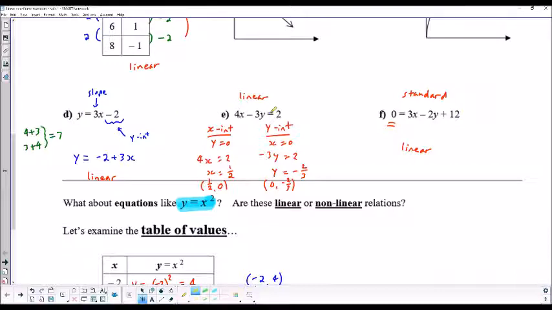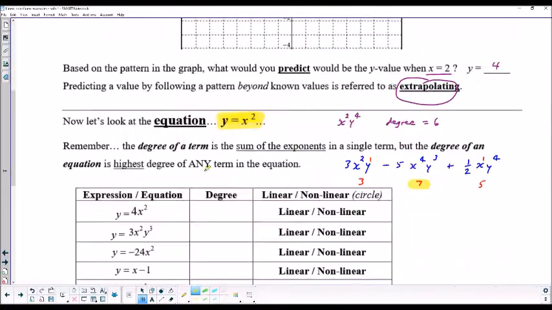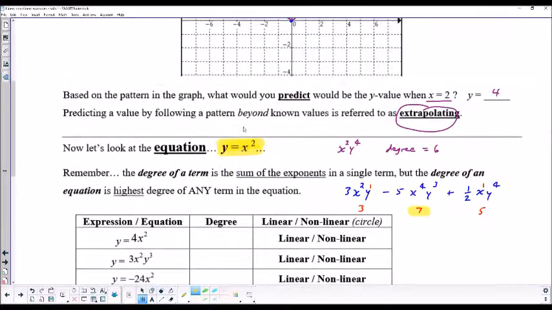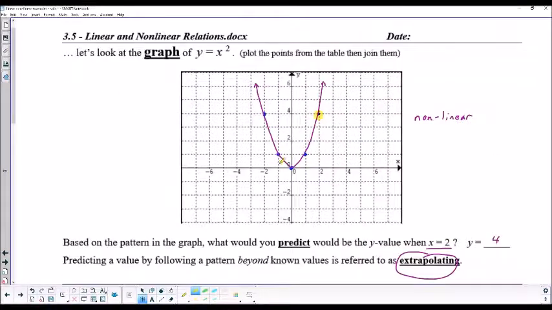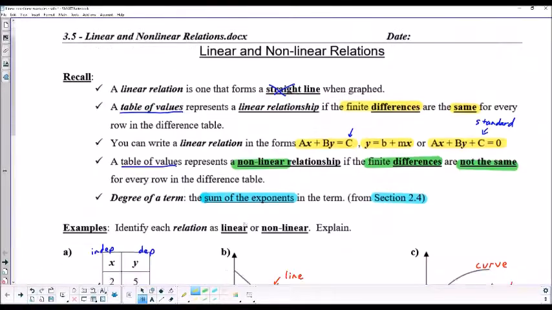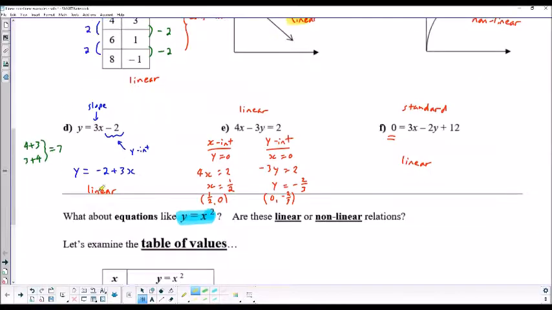I know all of these have more terms than the last one, but what's very different is that y equals x squared is nonlinear, and all of those other equations that we're looking at over here are linear.